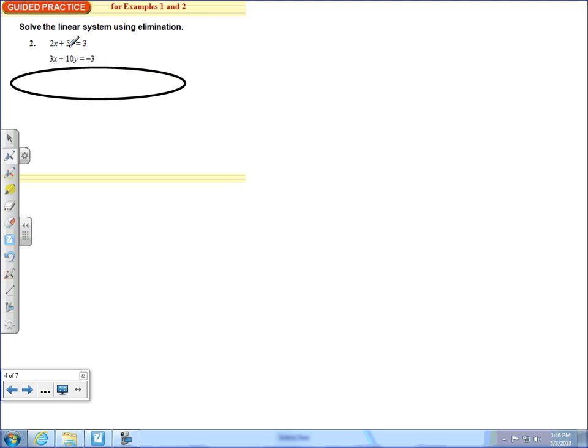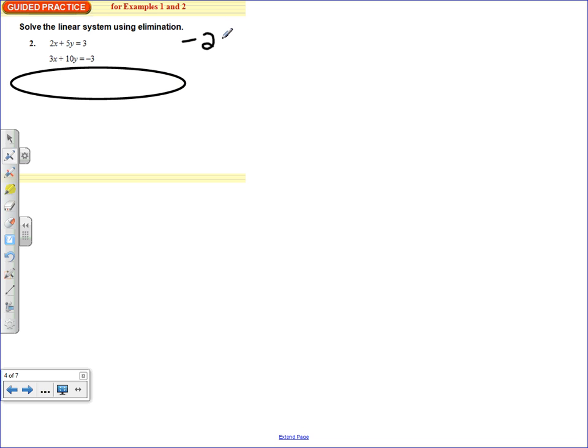We're trying to get to a negative 10, so we want to multiply by a negative 2. So negative 2 times 2x plus 5y equals 3. Negative 2 times 2x, negative 4x. Negative 2 times 5y, negative 10y, and negative 6. We multiplied everything times our negative 2.